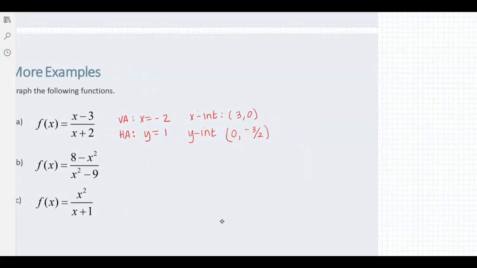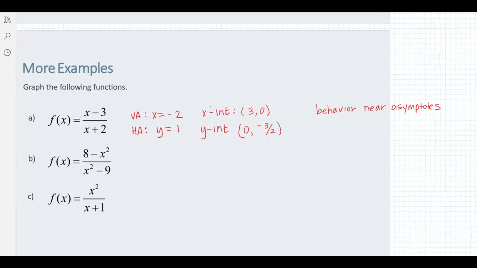We can look at the behavior near the asymptotes. So if we plug in just to the left and just to the right of -2, we're going to look at f of -2.1, that's on the left, and then f of -1.9, that's just to the right. When I plug -2.1 in the numerator, I'll get a number that's negative.